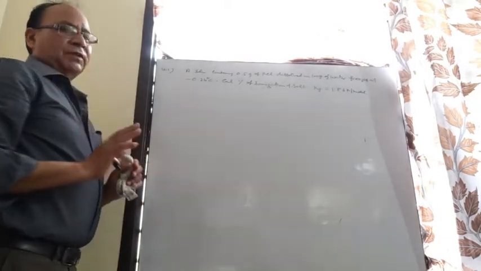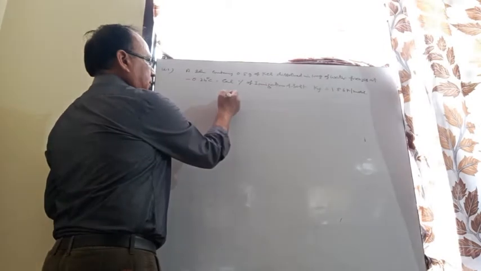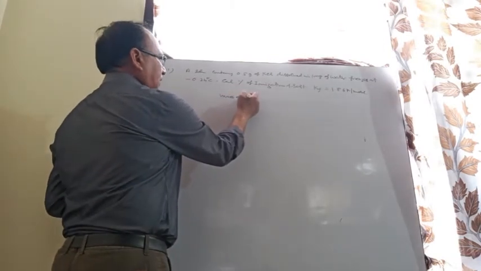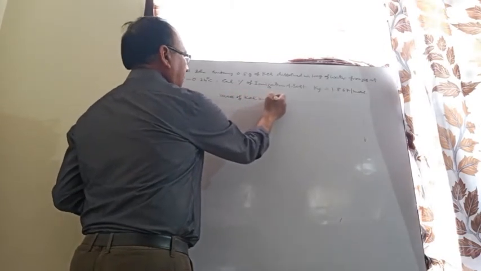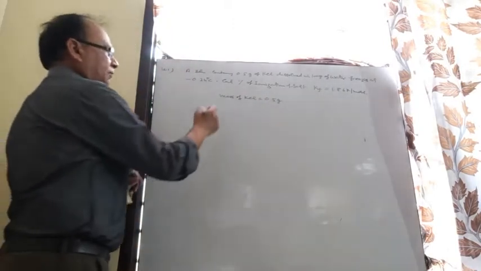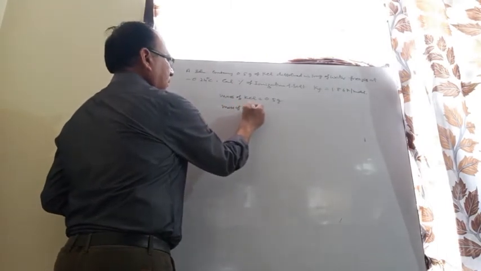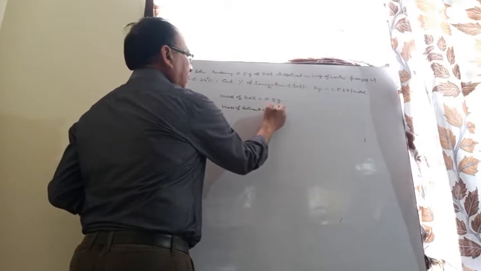First of all, we will see what things we are given. We are given the mass of solute, the mass of KCl, that is 0.5 gram, and the mass of solvent, that is 100 gram.